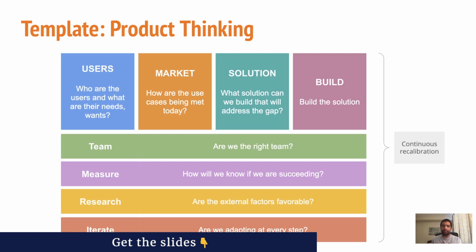This is less of a prescriptive framework and rather a very loose and open-ended way of thinking through product management, right? The boxes you see on the top are the ones that you're familiar with: users, market, solution, execution. There are some horizontal boxes, which we'll talk about, which are teams, how to measure, constant research, and iteration, right?